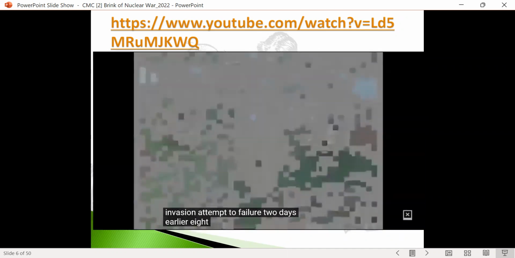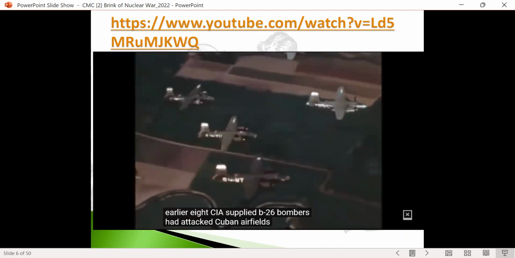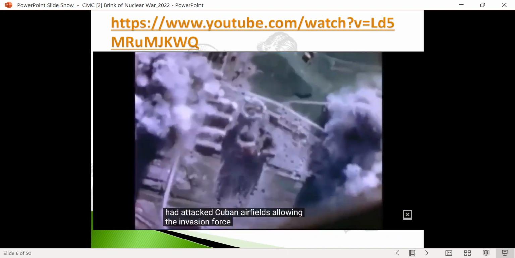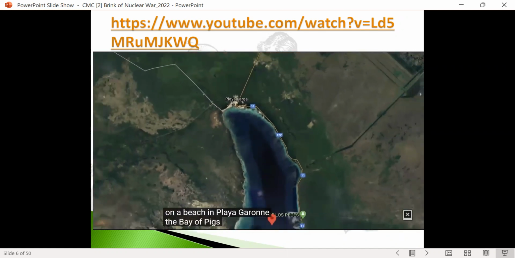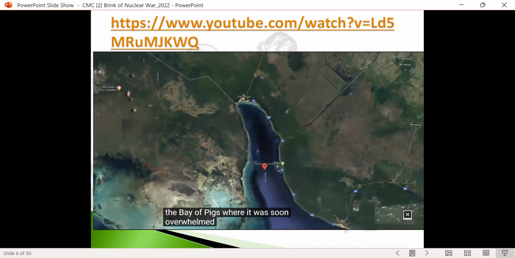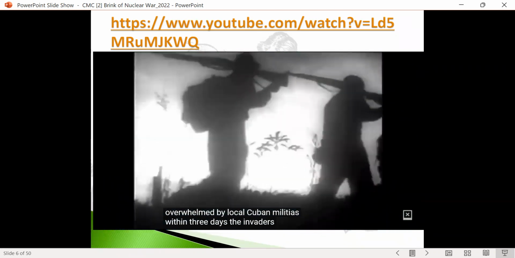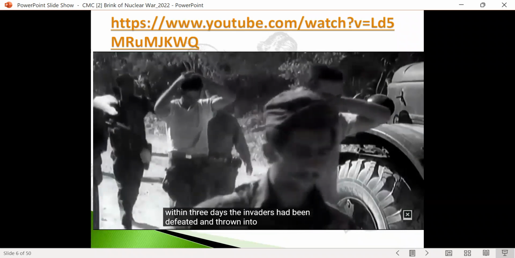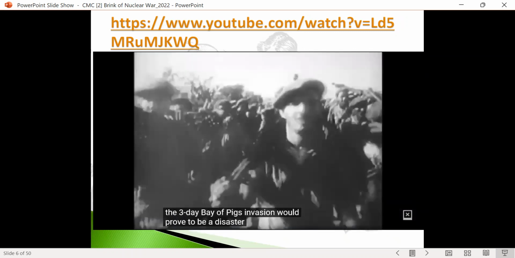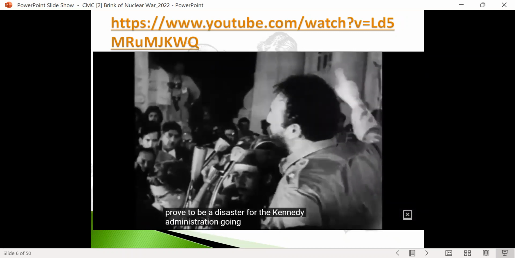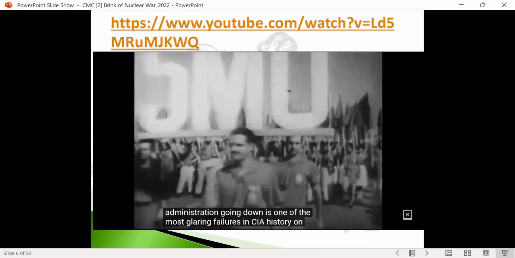Two days earlier, 8 CIA-supplied B-26 bombers had attacked Cuban airfields, allowing the invasion force to land uncontested on a beach in Playa Girón in the Bay of Pigs, where it was soon overwhelmed by local Cuban militias. Within 3 days, the invaders had been defeated and thrown into Cuban prisons. The invasion would prove to be a disaster for the Kennedy administration, going down as one of the most glaring failures in CIA history.